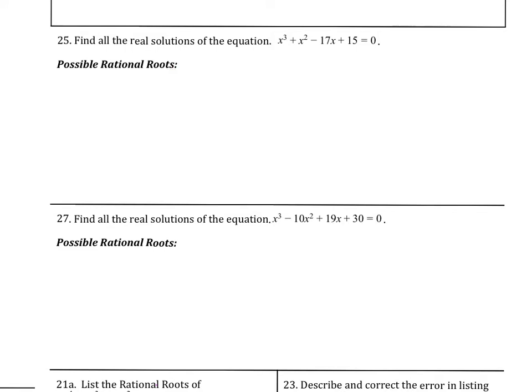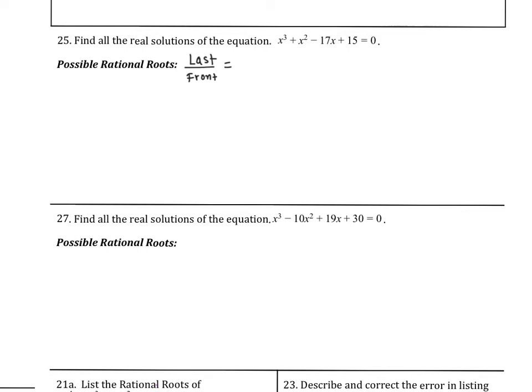What are the possible roots for this one? You're going to have the last number divided by the front, so the last number's factors divided by the first number's factors.